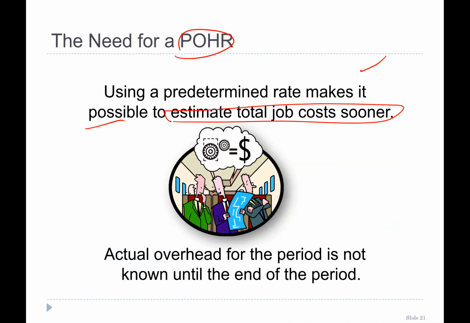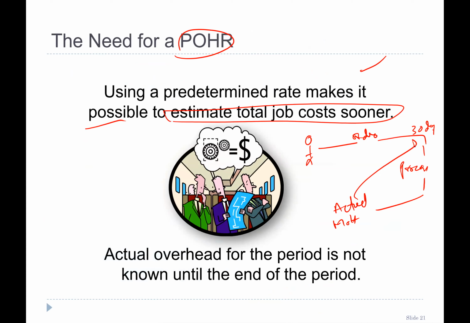For example, if the customer has given us the order and we take 30 days to process it because we want to calculate the actual manufacturing overhead, then it's too late. The customer can give the order to somebody else, right? The longer the time period, the more the chances are that the customer will have more substitutes, or will be talking to our competitor as well.